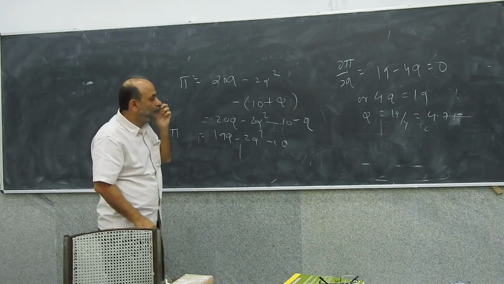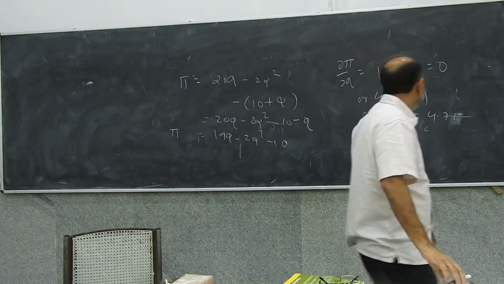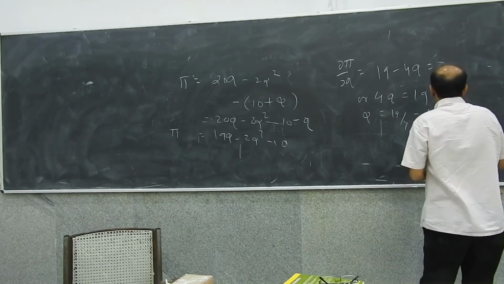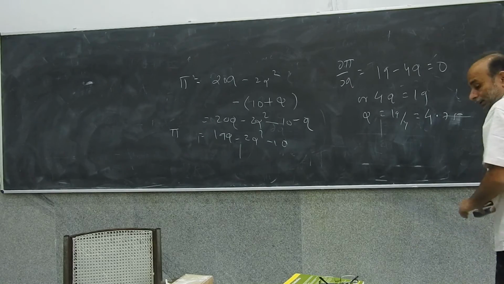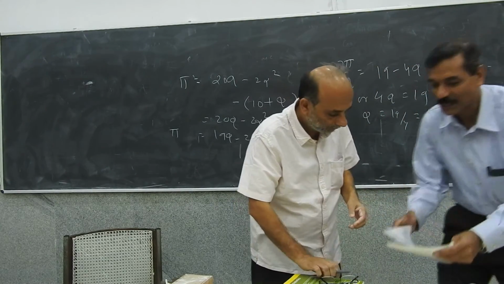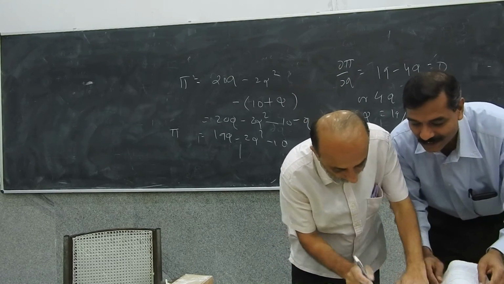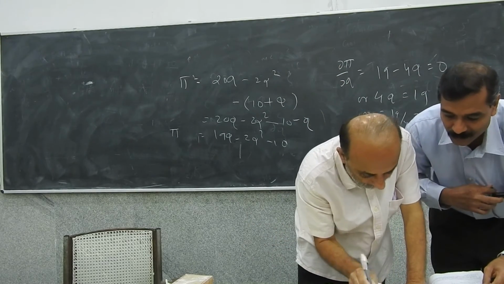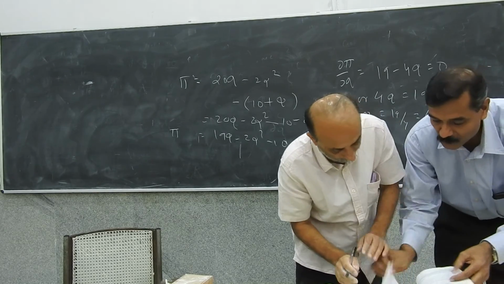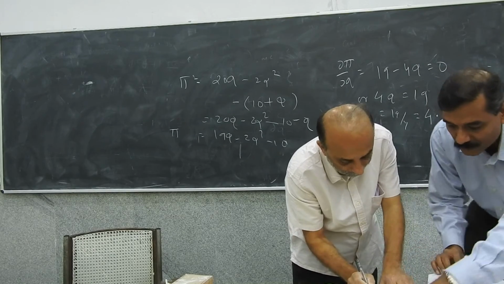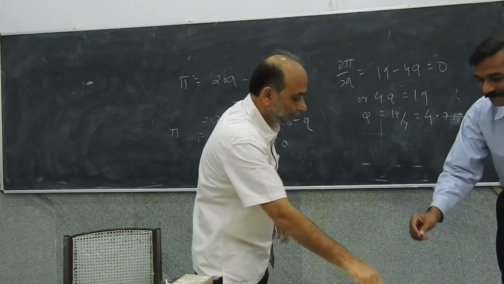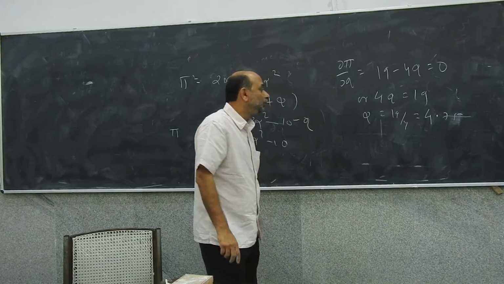So Q is equal to 19 by 4, which is 4.75.